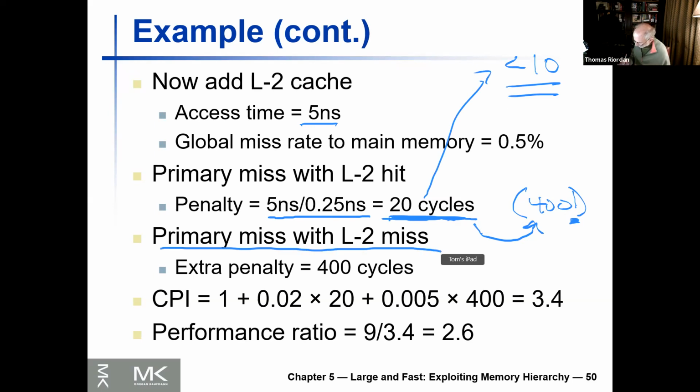So now recall from our picture that here's our base CPI, and our per instruction miss rate already given to us is the 0.02. And now that 0.02 gets multiplied, instead of by 400, by 20, because this is the miss rate out of the I and D caches, and now the miss penalty from there is 20.